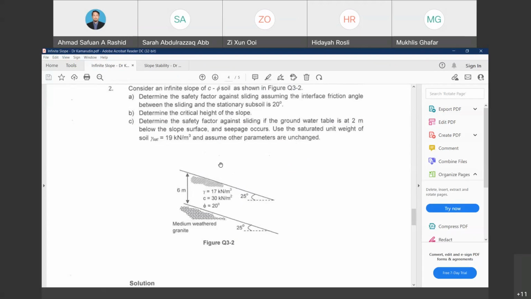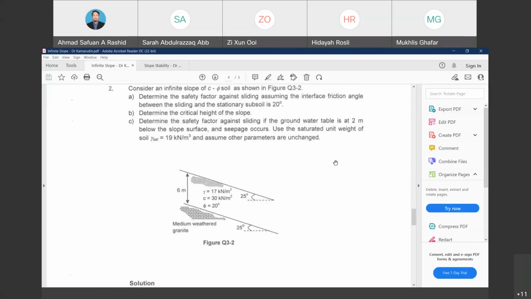So I guess for the infinite slope, either you determine the critical height, or if they provide the factor of safety value, you need to determine any other parameter, for example gamma, C or phi.